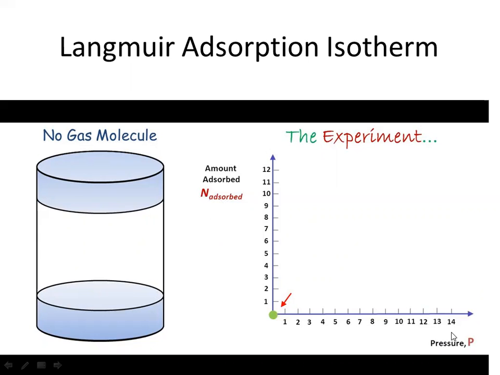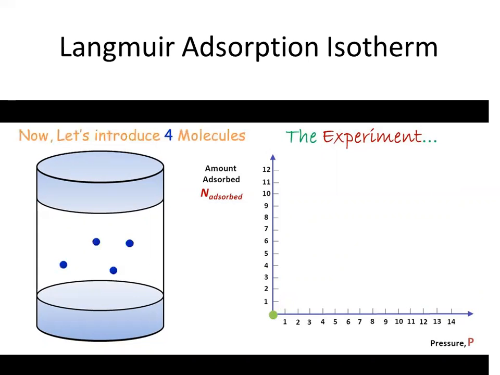So we will first work on the pressure, and then we will replace this with the concentration if you are using liquid as the adsorbate. When there are no molecules of the gas, of course, the value over here will be zero. Zero pressure, no molecules, so no molecules are adsorbed. So we are going to start this adsorption isotherm.